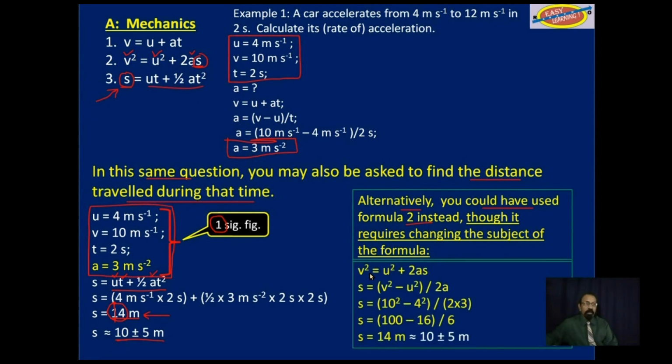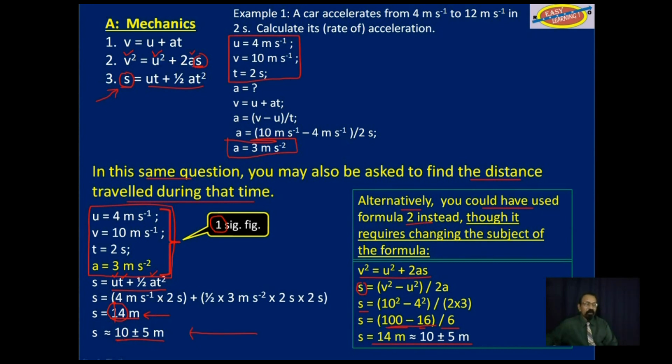So if we do that, we get V squared is equal to U squared plus 2AS. Make S the subject of the formula. Substitute for S, which would give us 100 minus 16 divided by 6, which would give us the same answer as we got over here.